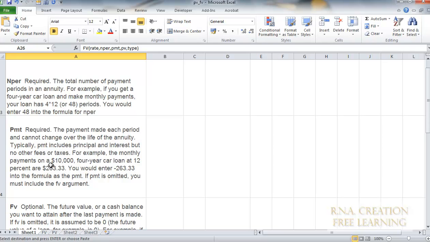For example, a payment on a $10,000 4-year car loan at 12% is 263.33, and you would enter that.